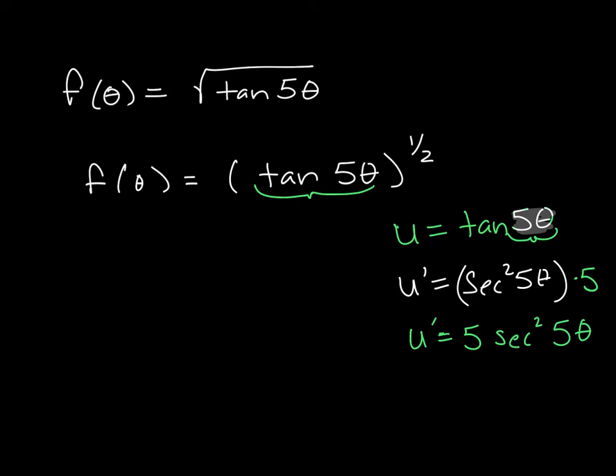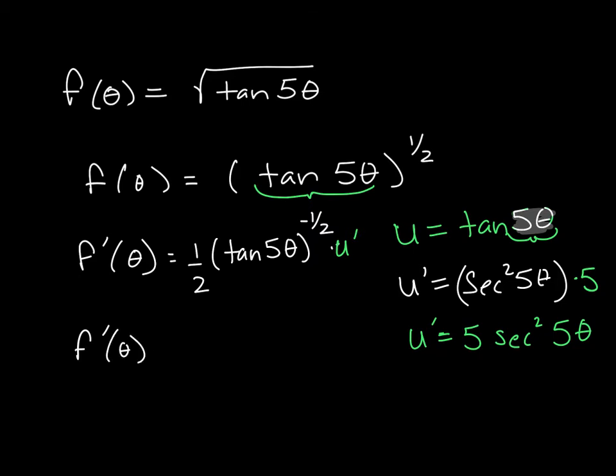So let's take the derivative of the outside of my function. The derivative with respect to theta is equal to 1/2. The inside portion, where what I let u is, stays the same. This becomes to the negative 1/2, and I multiply that times my u prime, or f prime of theta is equal to, I'm going to turn this into a fraction.